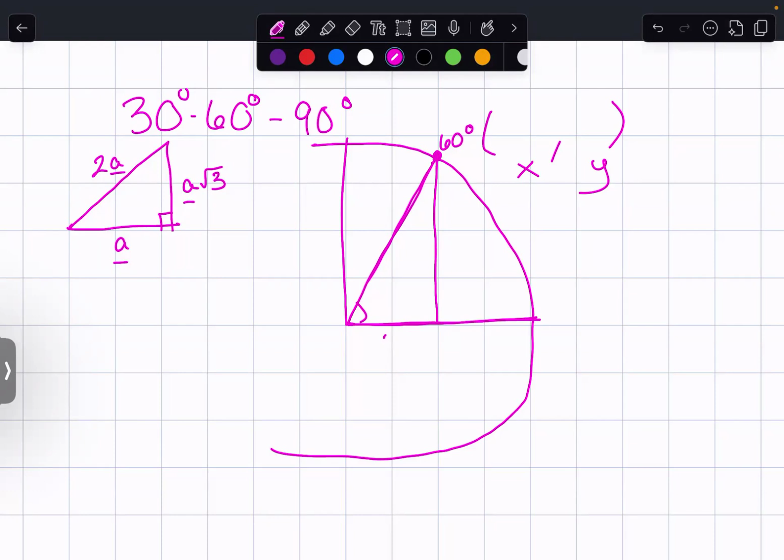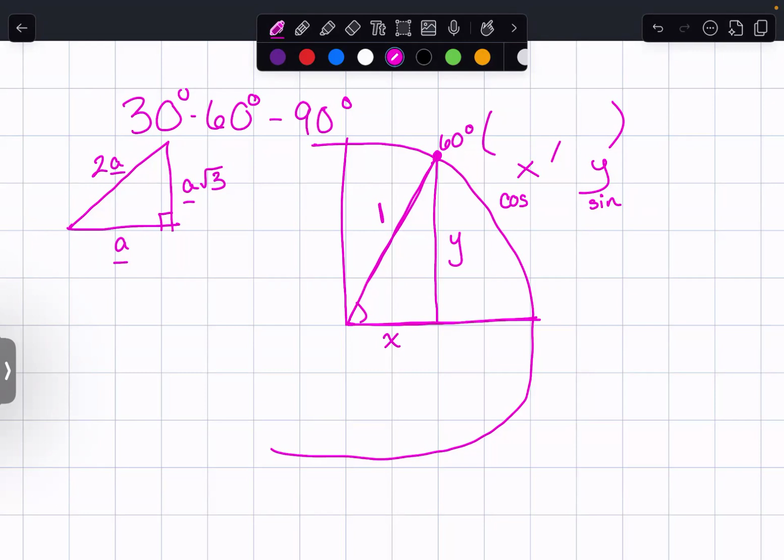So we'll call this horizontal side x and this vertical side y of my right triangle, and my hypotenuse will be 1. So let's just say I want to find x. X is going to represent cosine, and y is going to represent sine.